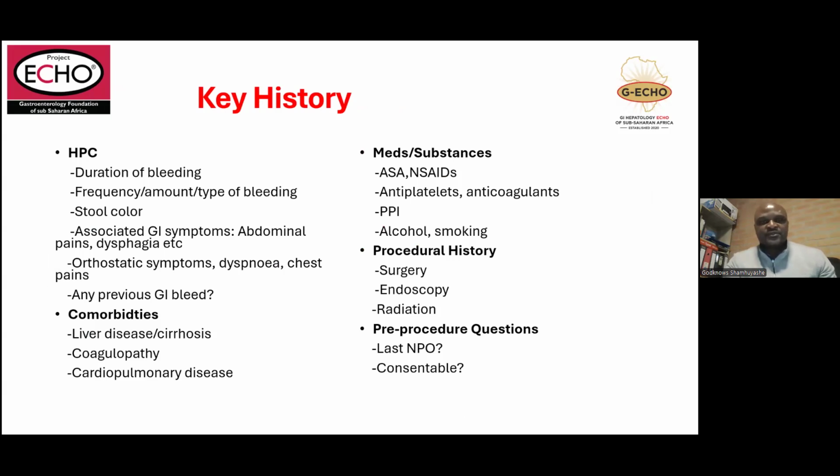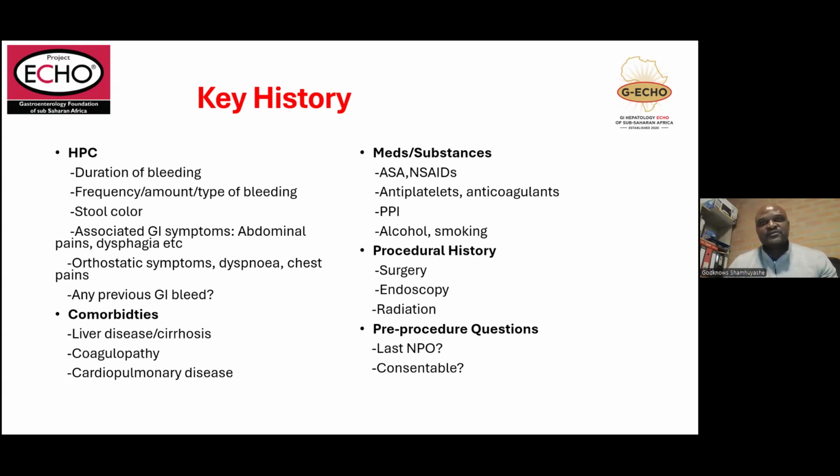What is important when you see these patients is that history is very important. You need to ask about the duration of the bleeding, the frequency, the amount, the type of bleeding, and the stool color is very important, as well as any other associated gastrointestinal symptoms. It is also important to assess comorbidities, whether they have liver disease, coagulopathy, or cardiopulmonary diseases which might need them to use anticoagulation medication.